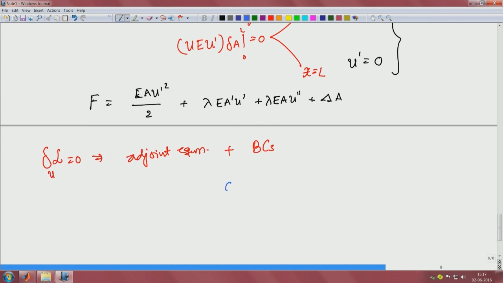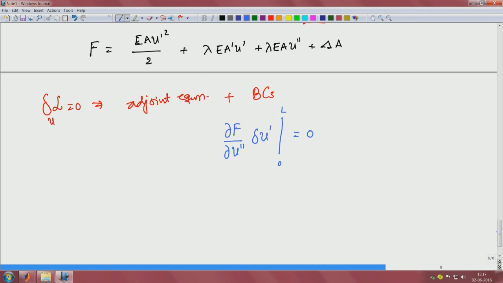So, that one will be ∂f/∂u'' into δu' is equal to 0. Okay.